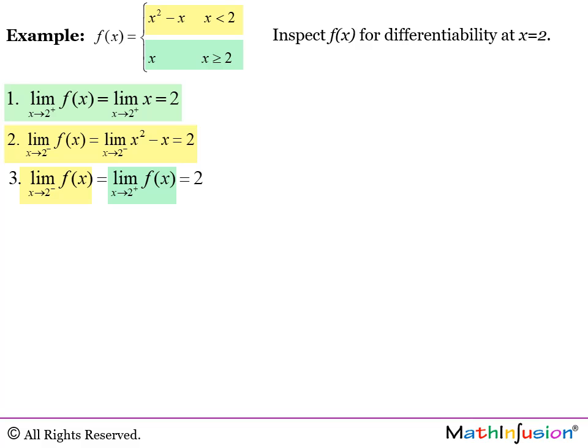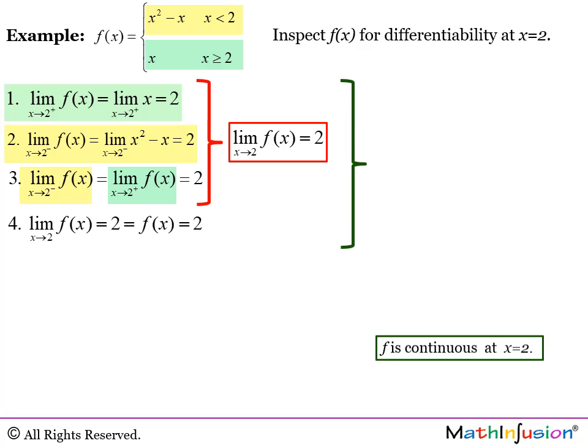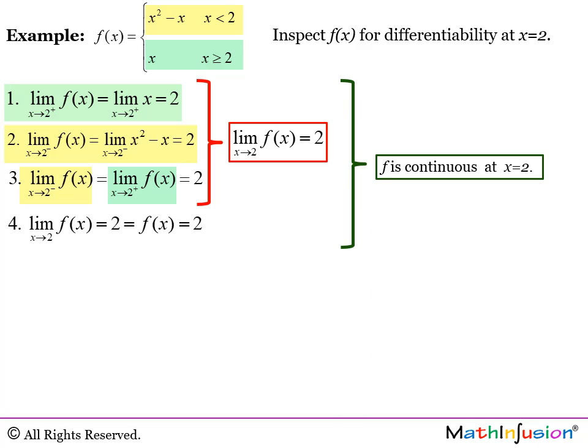They are, and the common value is 2, which means that the limit of the function as x approaches 2 is 2. Step number 4. The limit, which equals 2, is indeed f of 2. We now conclude that f is continuous at x equals 2.